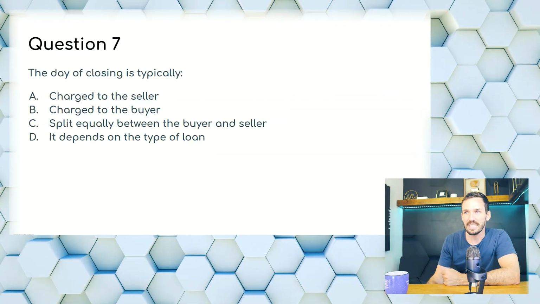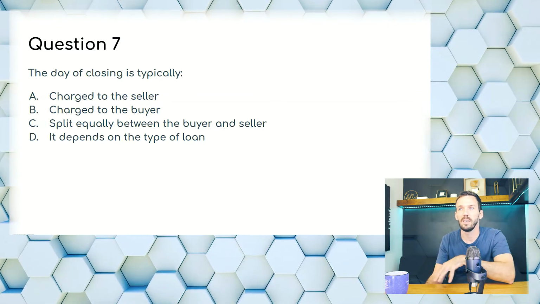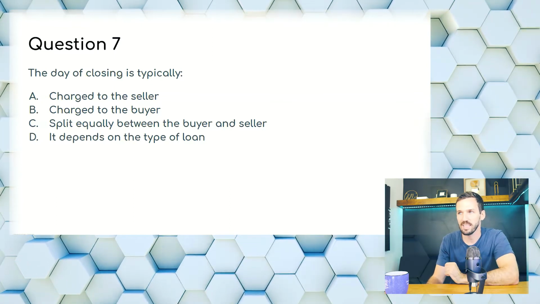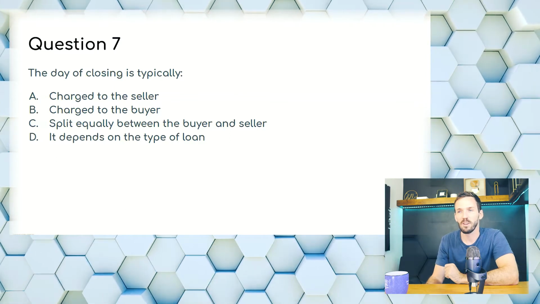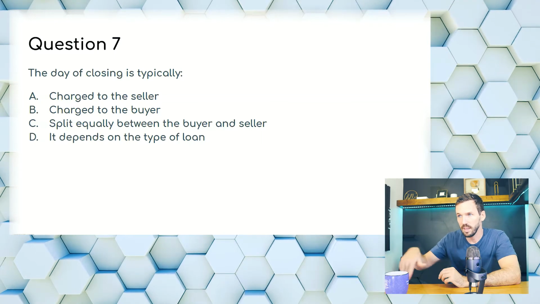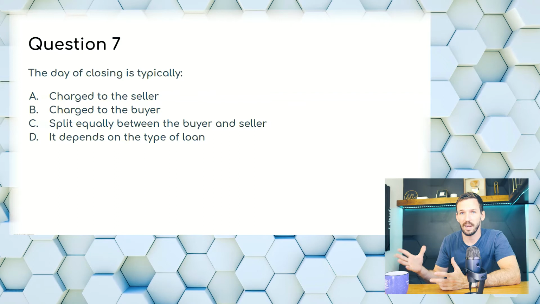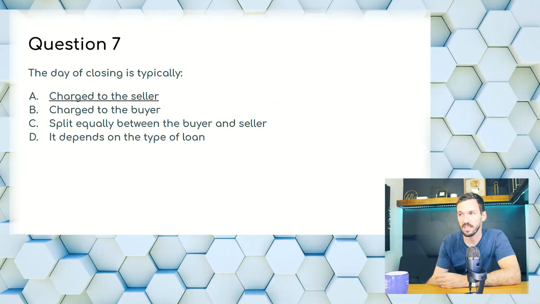The day of closing is typically charged to the seller, charged to the buyer, or split equally between the buyer and the seller. It depends on the type of loan. So this is a very, very vague question. Interim interest is a debit, so a buyer charge. Whatever they're talking about here, though, is A, charge to the seller.